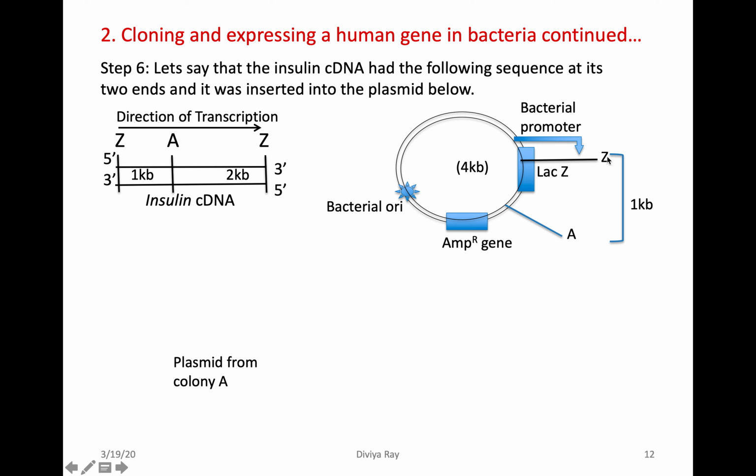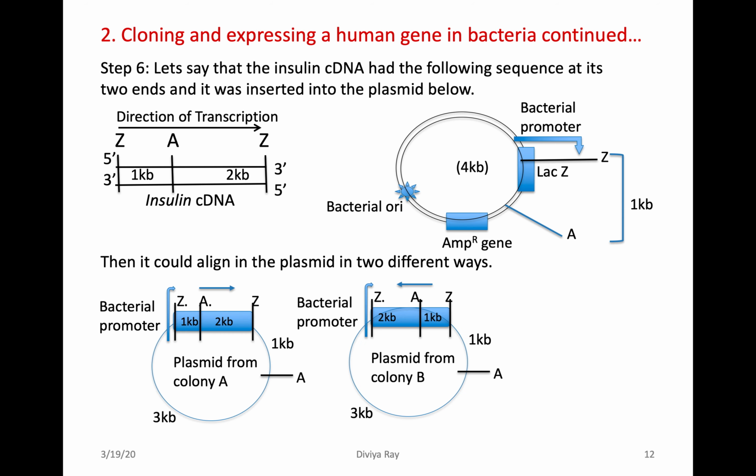The distance between the recognition sites for restriction enzyme Z and A is 1 kb. The plasmid as a whole is 4 kb, which means that the sequence from A all the way up to here is 3 kb.